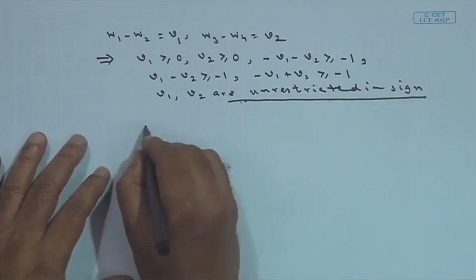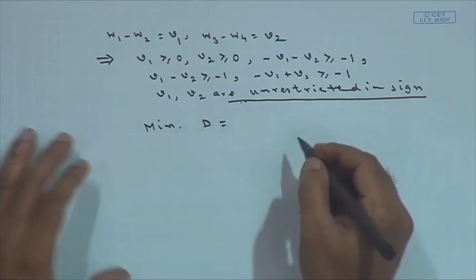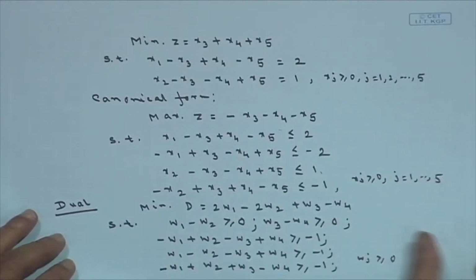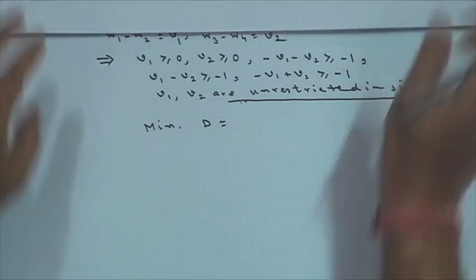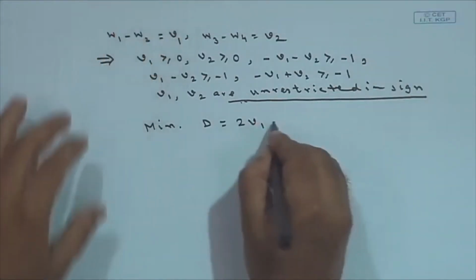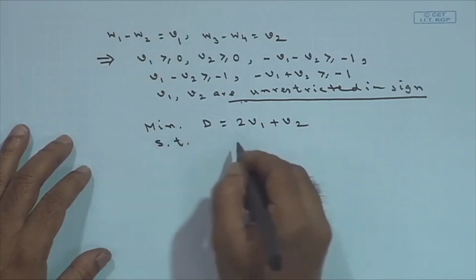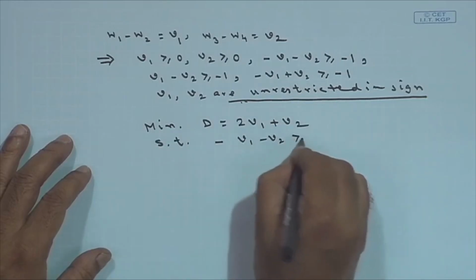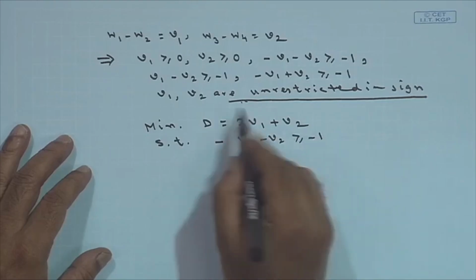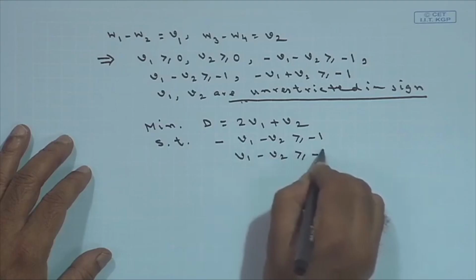Therefore, the minimization problem in terms of V1, V2 we can write down: minimize D equals, from here 2 W1 minus W2 was there, so 2 V1 plus V2, subject to, from here minus V1 minus V2 greater than equals minus 1, then V1 minus V2 greater than equals minus 1.